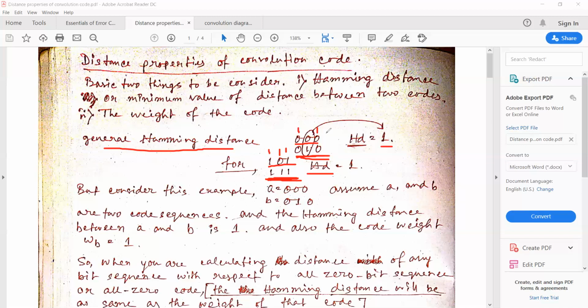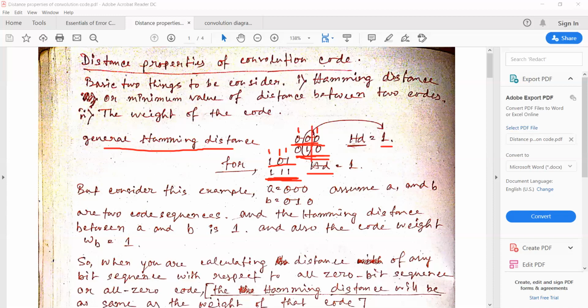So when I'm calculating the Hamming distance between 000, that means the all-0 code, it is to be considered as the all-0 code. It may be a 2-bit representation, it may be a 3-bit representation, whatever it may be, you know it is the all-0 representation.